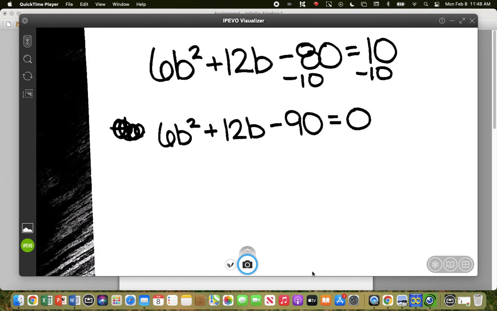Everybody freeze for just a second. Do you guys agree with that? Oh, yeah. Subtract 10, negative 80, and a negative 10 make negative 90. Alright, so those are your A, B, and C values you should be using for the quadratic formula. If you don't have those, make those changes.